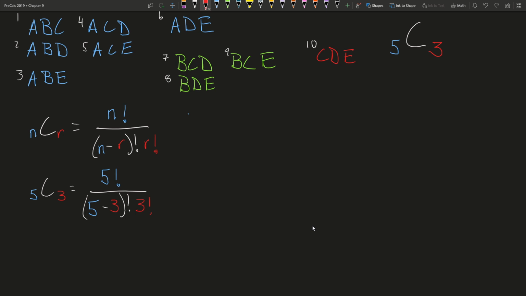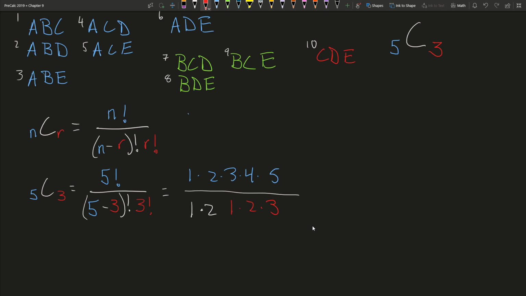And if we actually do that, if we expand that, 5 factorial is 1 times 2 times 3 times 4 times 5. 5 minus 3 is 2, and then that's 2 factorial, so that's just 1 times 2. And then 3 factorial is 1 times 2 times 3.